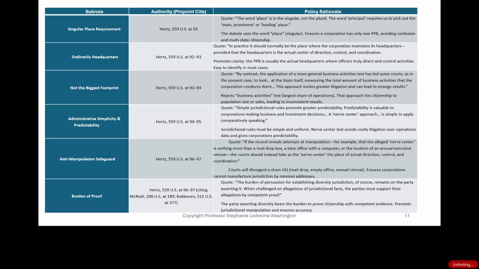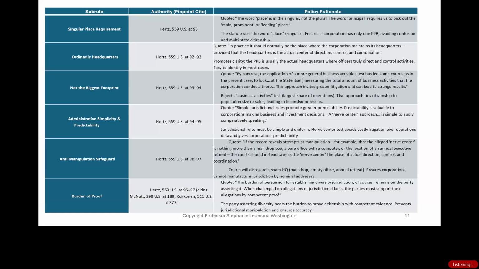Let's look at the first sub-rule. This is the singular place requirement. Here's the quote that comes from Hertz. The word, quote unquote, place is in the singular, not the plural. The word principal requires us to pick out a main, prominent, or leading place.